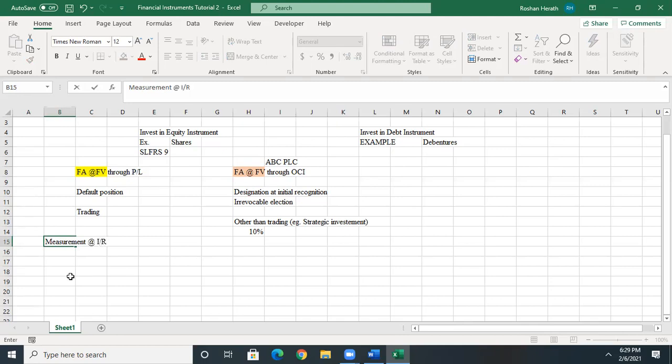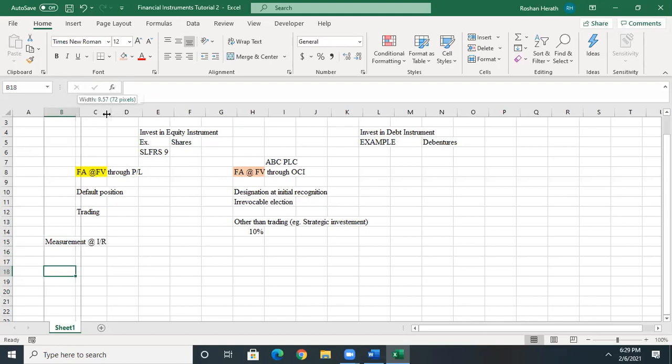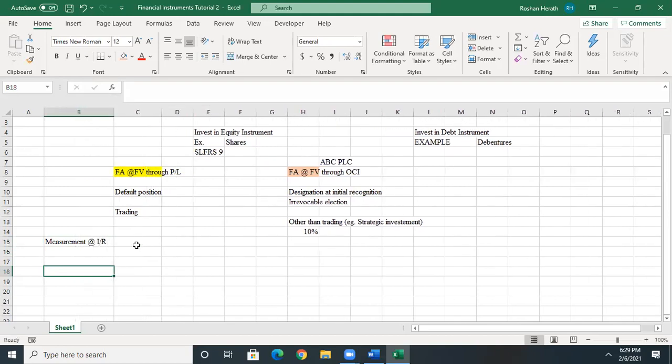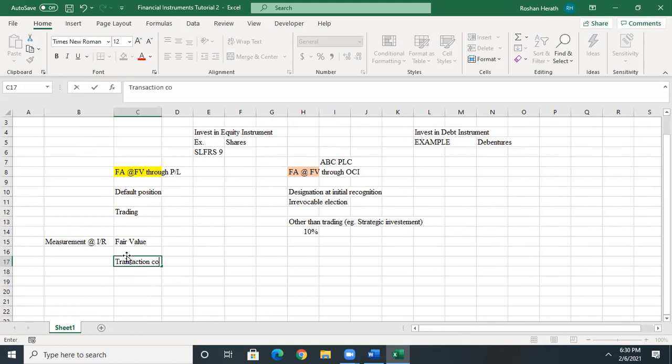How do we measure it at first? Measurement at initial recognition, how is it going to be? It's going to be at fair value. What if there are any transaction costs? Transaction costs are charged to P&L.